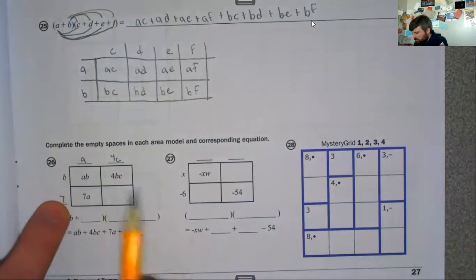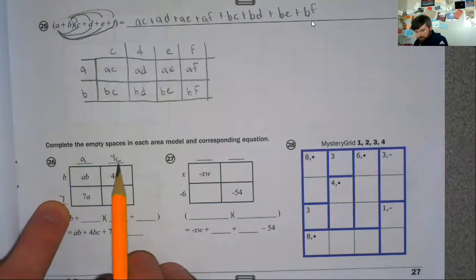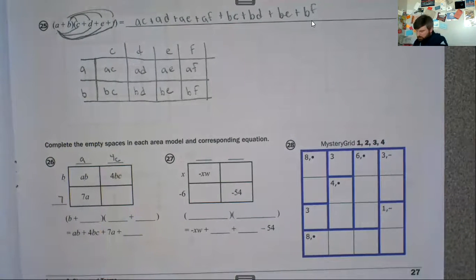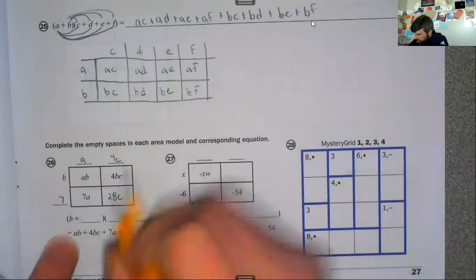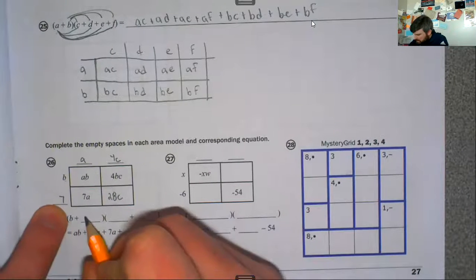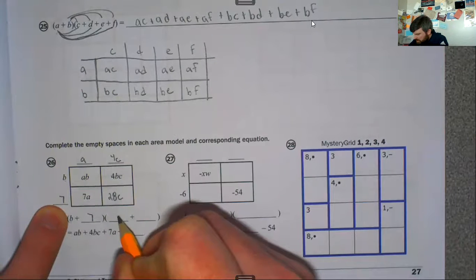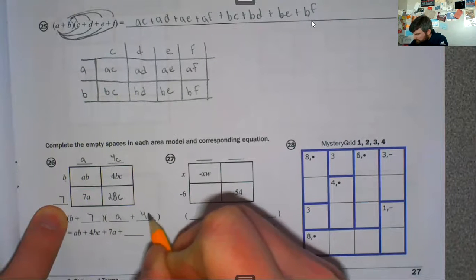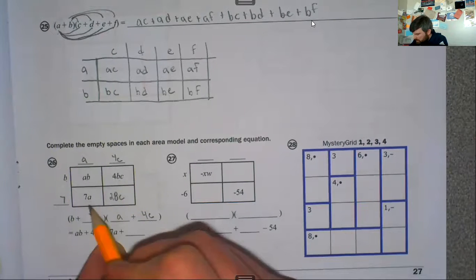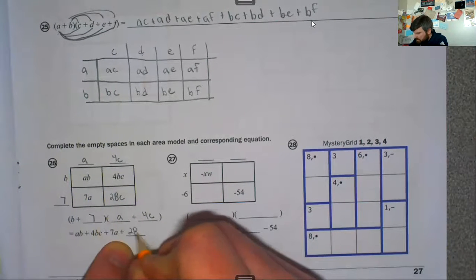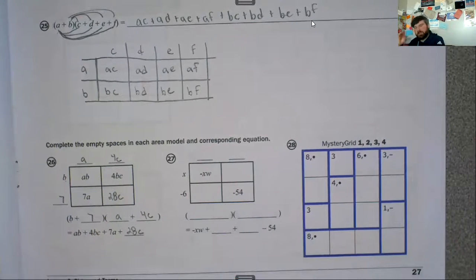And then 7 times the 4C is 28C. So you have B plus 7 there times A plus 4C equals AB, 4BC, 7A, and 28C. Okay, again, that's just a little bit of a puzzle trying to figure out which numbers go where.